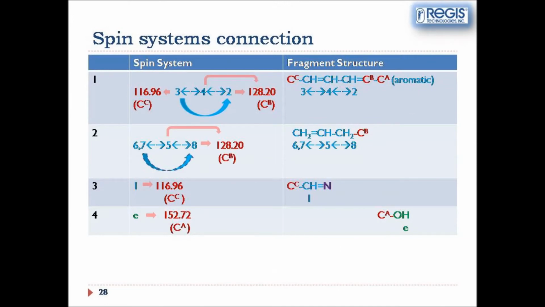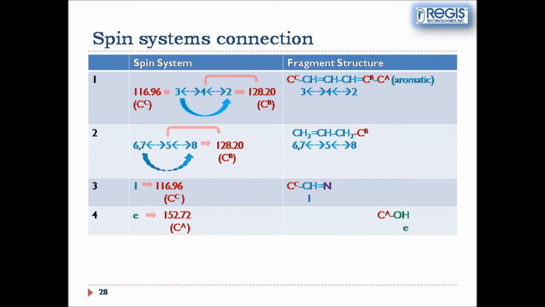And because it's an aromatic structure, and we have 3 aromatic quaternary carbons and 1 was missing, we just add this here, because an aromatic ring should have 6 carbons. Spin system 2 is connected to carbon CB.